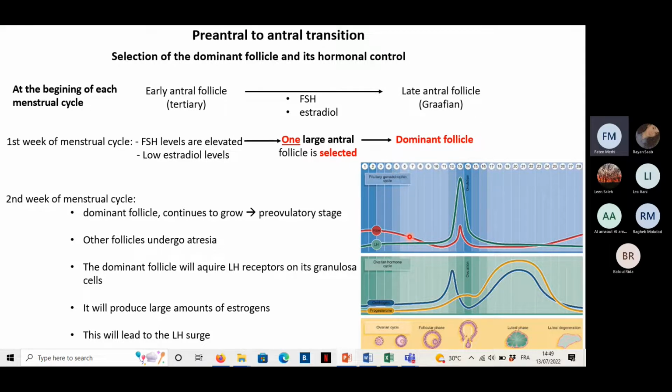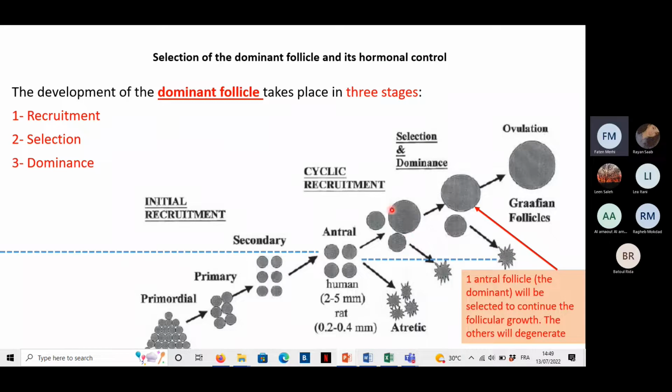Okay. Now, those follicles were dependent in their growth on the FSH, because, if you remember, we said during the last session that the FSH will lead to the division of the granulosa cells and the increase in size of those follicles.